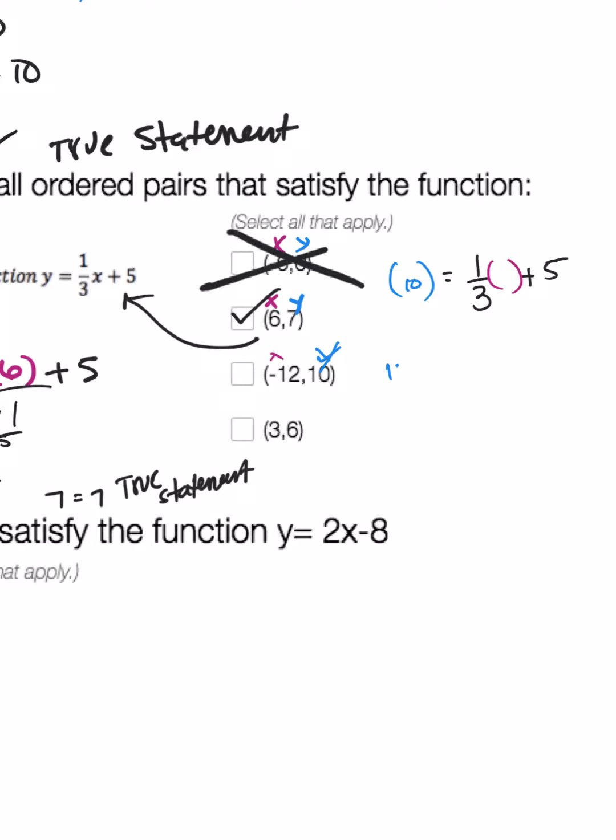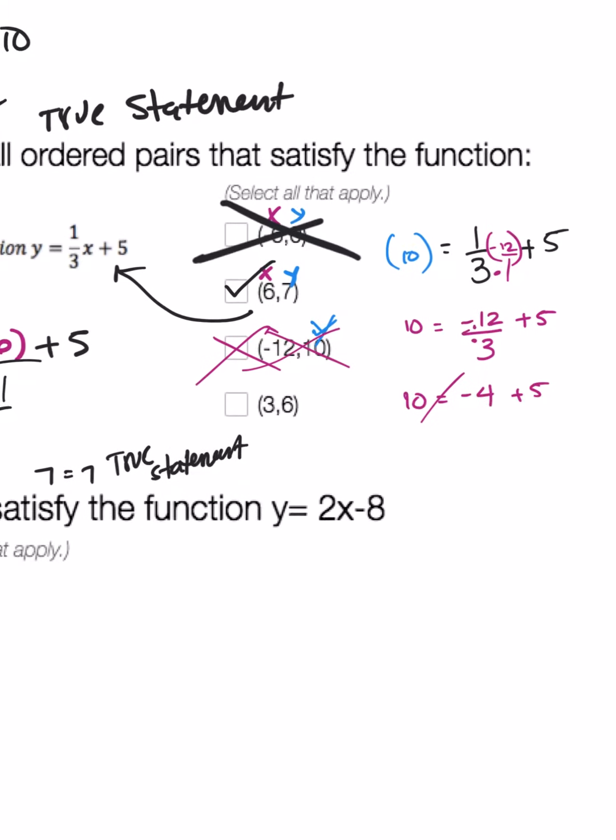10 equals negative 12. All right. 10 equals 1 times negative 12 is negative 12. 3 times 1 is 3 plus 5. 10 equals, what's negative 12 divided by 3? Negative 4 plus 5. That's not going to equal. This is not an answer. Okay, and this one should be an answer.